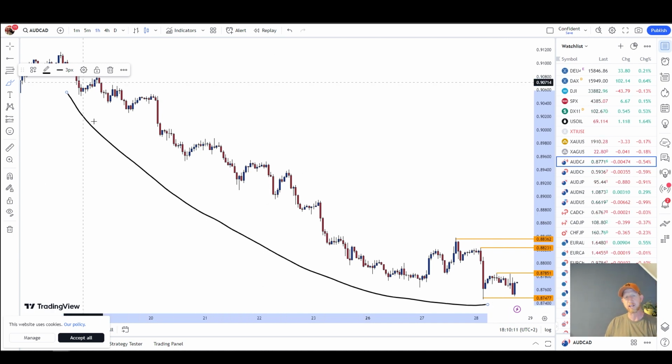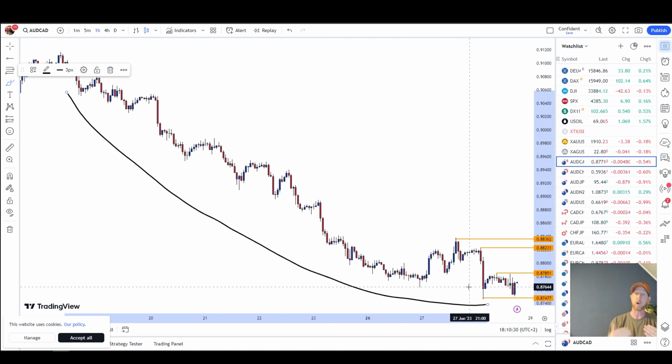So you start getting this slowing momentum after a long move, then you tend to get a trend change. Now, the important thing is you don't know what kind of trend change it's going to be. It might be moving to a sideways trend, or you could start getting a trend reversal.